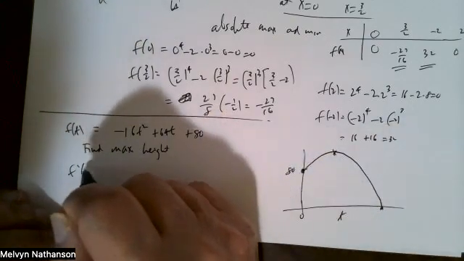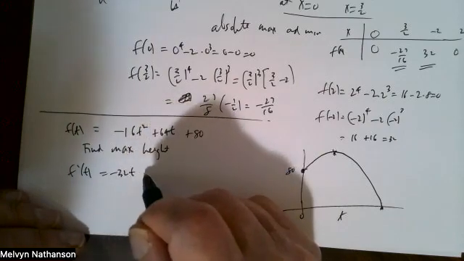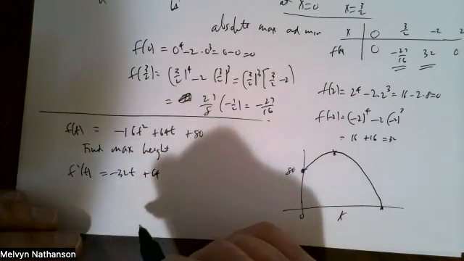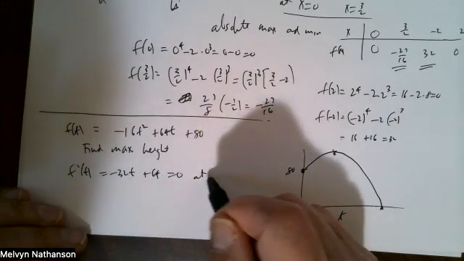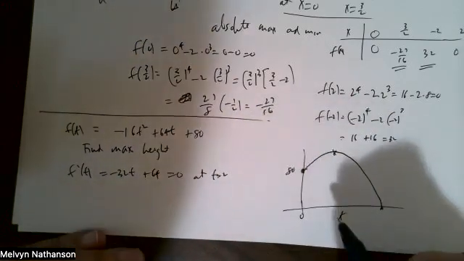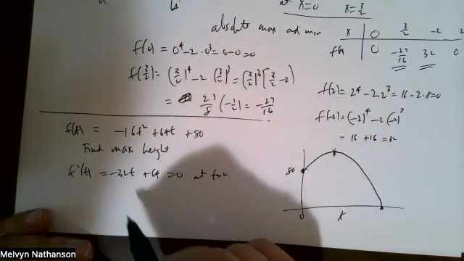So we compute the derivative f prime of t is minus 32t plus 64. That's equal to 0, and t is equal to 2. And we also have the endpoints of the interval.